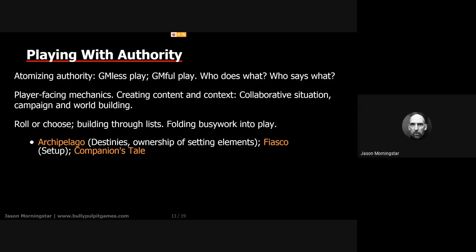You can make a game that has complete parity among all the players, everyone having the same authority, responsibility, credibility at the table. Fiasco is a game that does that. You can also make a game that has no central figure in charge, but where players have different levels of authority or responsibility. This is all about who does what and who says what.